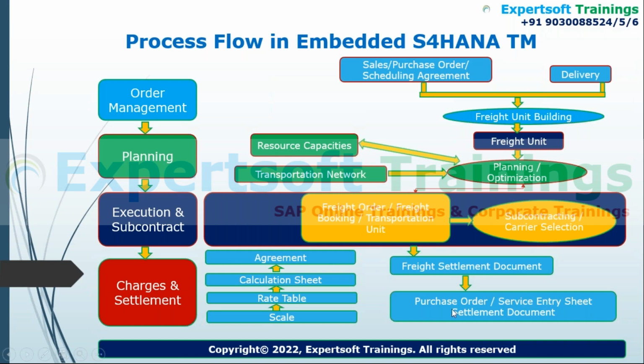The service purchase order is a purchase order where the detailed level of services are provided. The service entry sheet is the detailed level of services which the carrier has provided. All will be documented, and all this information will come from the freight settlement. Unless these two objects are created, the invoicing cannot be done. So these two act as a cross check to the invoicing.